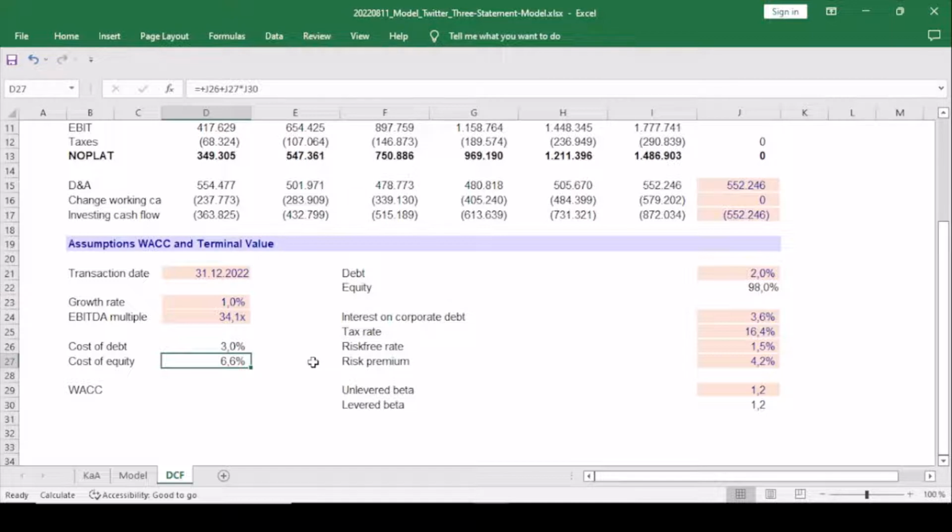The formula represents a given fact. However, the underlying hypothesis is rather theoretical and could result in a distorted view of the underlying company, in our case, Twitter.